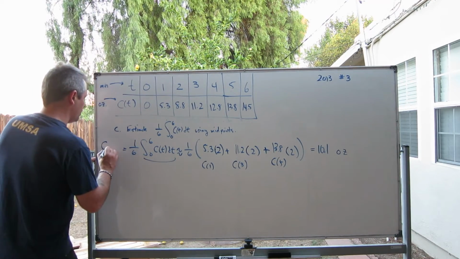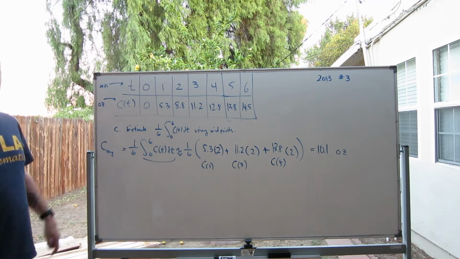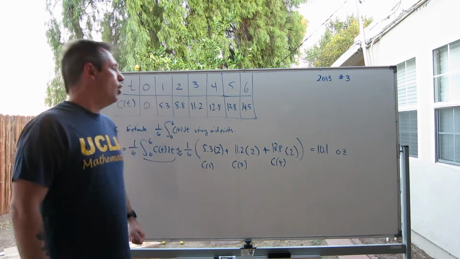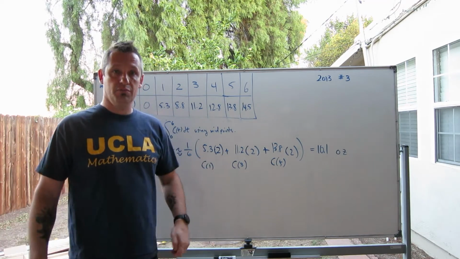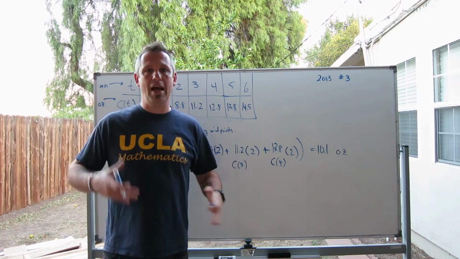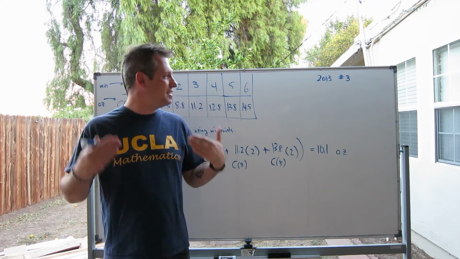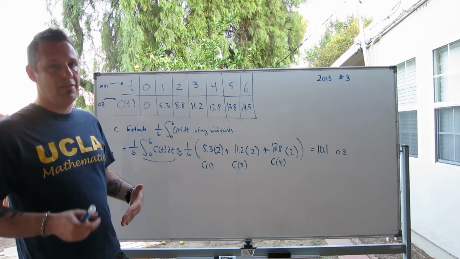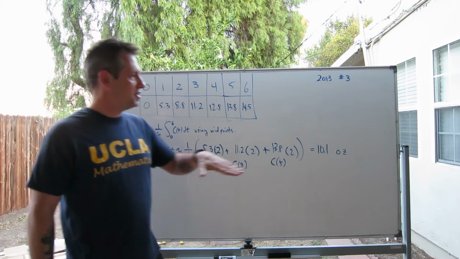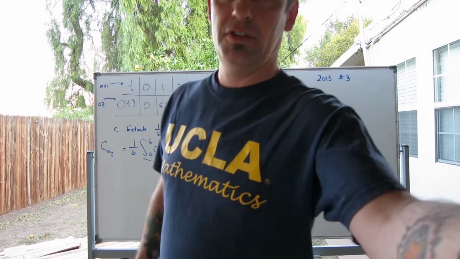I believe in our book we call this c sub average. This is the average value of c over the interval in question. So in other words, over these 6 minutes as the coffee is filling up, one could ask, how much coffee is in this coffee cup on average? And the answer is 10.1 ounces. And that is my final answer.